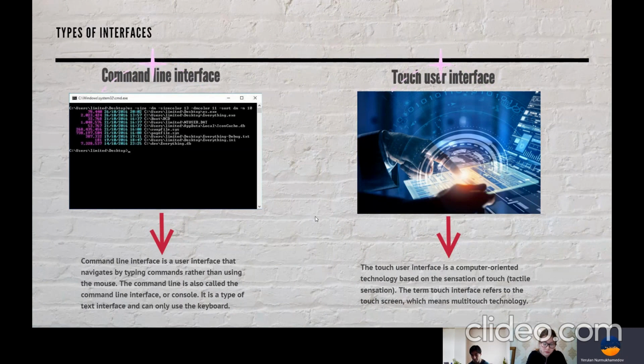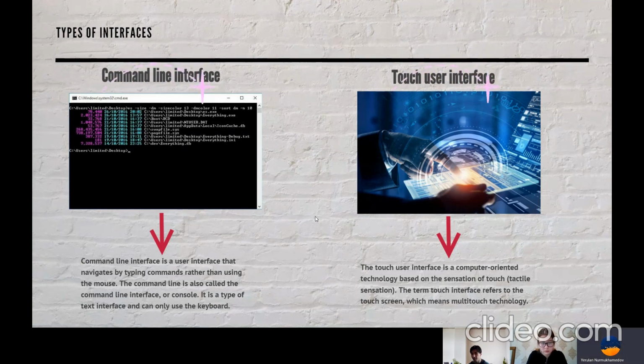A large number of functions can be performed in this way, but the disadvantage of this interface is that the user must learn the command line language, know the commands, and write them without errors. Therefore, only professional users use this interface.